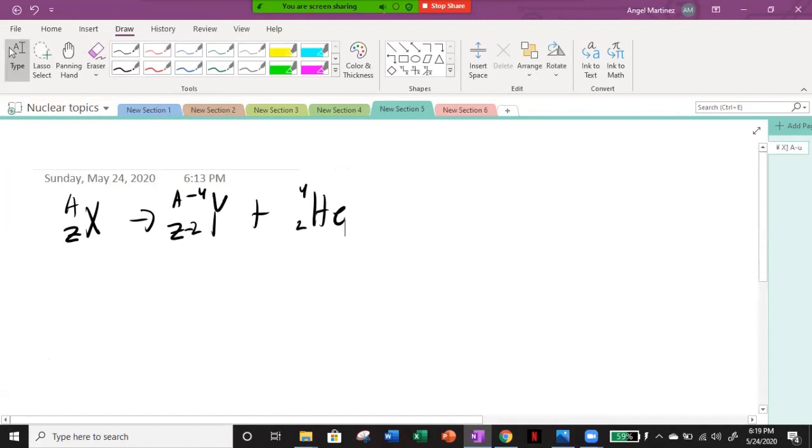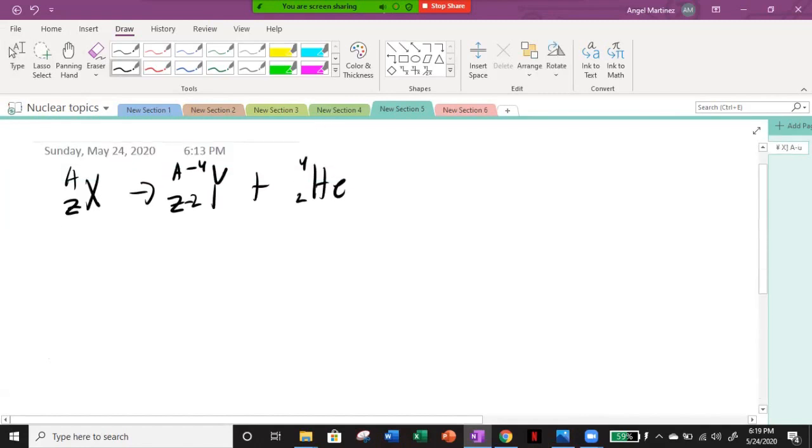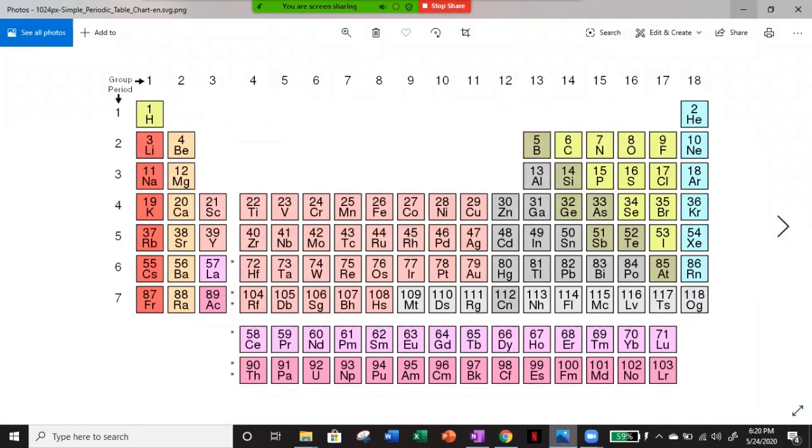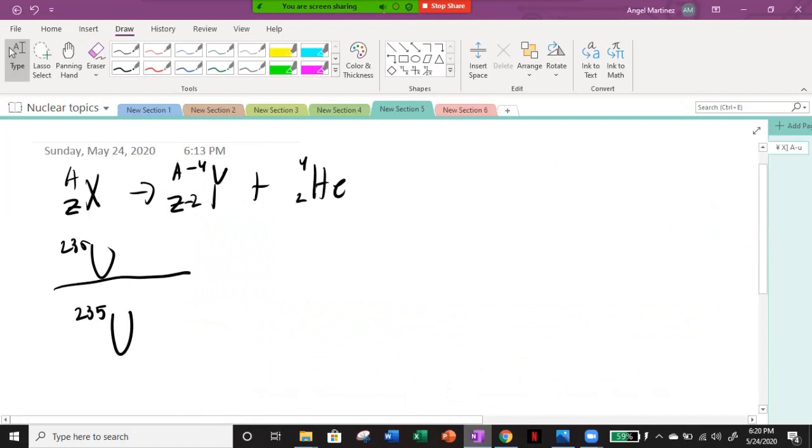All right, so let's start with uranium-235. We're going to start with U-235, and this is where we use the periodic table. We look for uranium. Right here, 92, that's the atomic number. So 92 goes on the bottom.